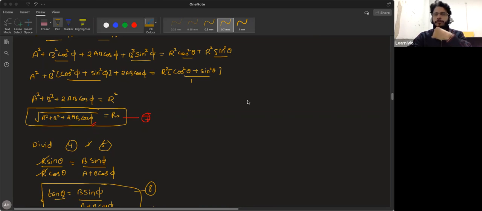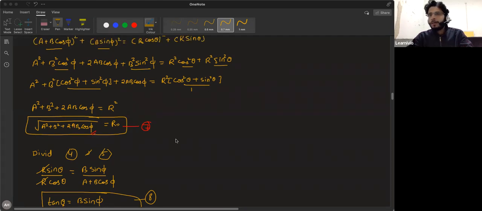Amplitude of the first and second. There are three waves basically. A and B are the amplitudes of two incident waves, and R is the amplitude of the resultant wave. Two waves superimpose and they form a resultant wave.